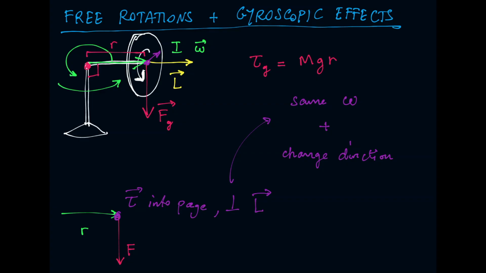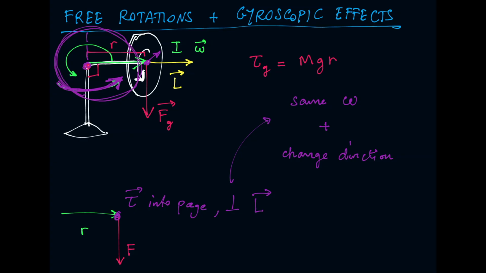And so, much like I drew here, the gyroscope, all of it rotates about this axis. So the wheel does sort of a circumnavigation of the central axle and then comes back, etc., etc., etc.